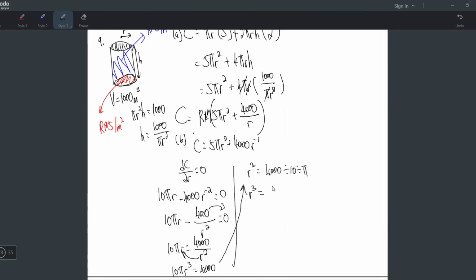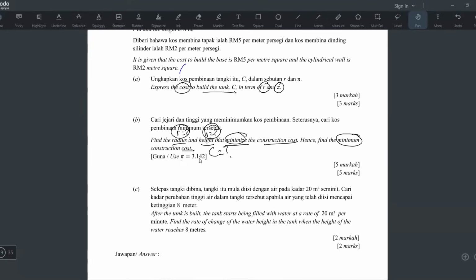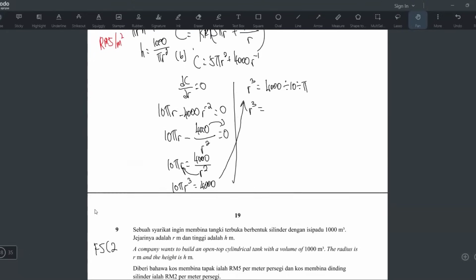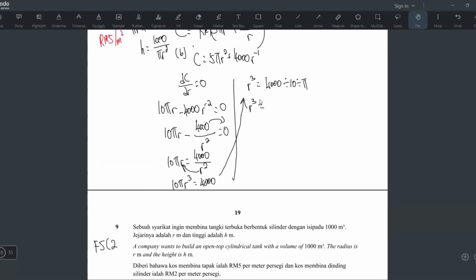So it will become r cube equals, okay, I press this. The pi, I think I'll just use 3.142. Actually the question did mention it. Here they say use pi 3.142. So we follow. Okay, 4000 divide 10 is 400, and then divide 3.142. My calculator gives me 127.31. There are still many numbers behind, but writing two decimal places is enough.